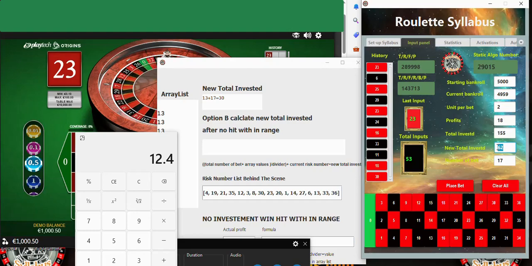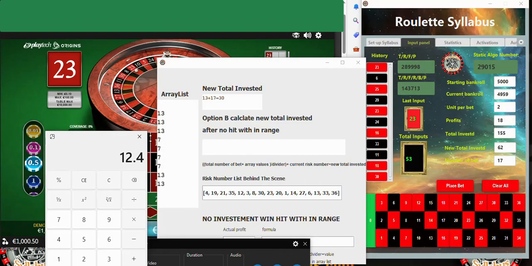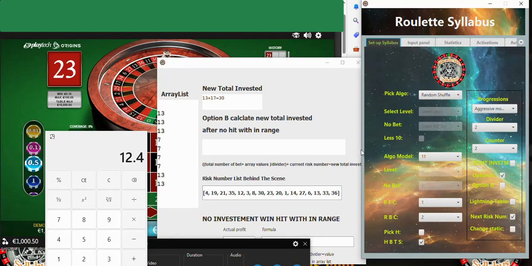It should be a single number, maybe 7 like this, or a double number which is below 15. I repeat, you have to divide the amount you have lost here by a number which is going to stay below 15 to get a good divider number.